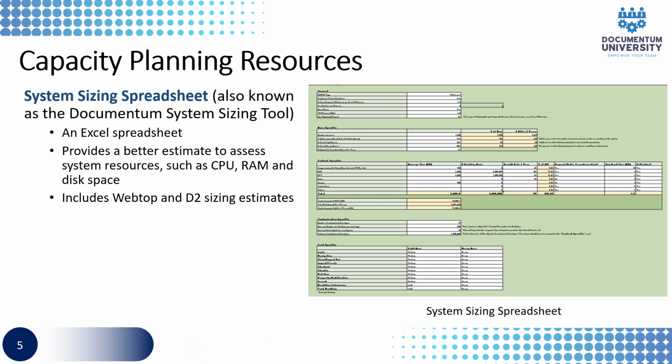One of the key benefits of this tool is that it provides an accurate estimate of the system resources required for your Documentum system by taking into account all of the different components of the system, including Documentum server, application server, content transformation server, and Explorer. It helps to ensure that there are no resource constraints that could negatively impact system performance.